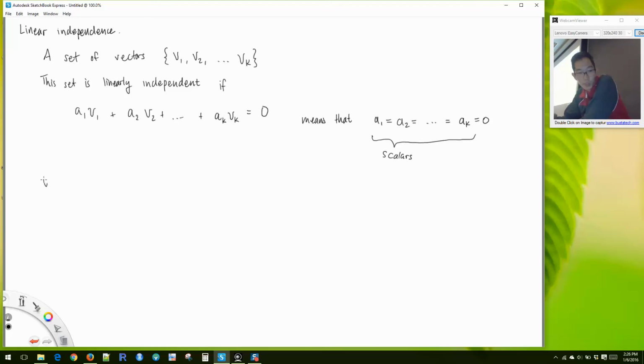This means that we cannot make any of the vectors v1 through vk from a combination of the other vectors.